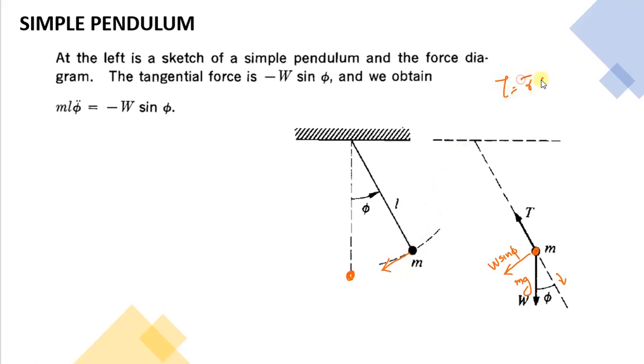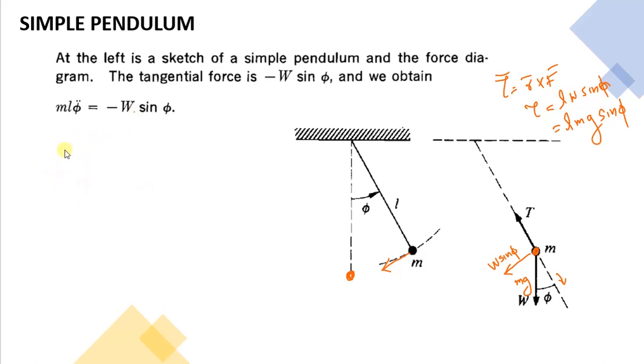In this case the force is perpendicular to r, so we can take the magnitude: torque is equal to r, and instead of r we can write L, times the force w sin phi. So we can write L into mg sin phi. W L into sin phi is the torque.